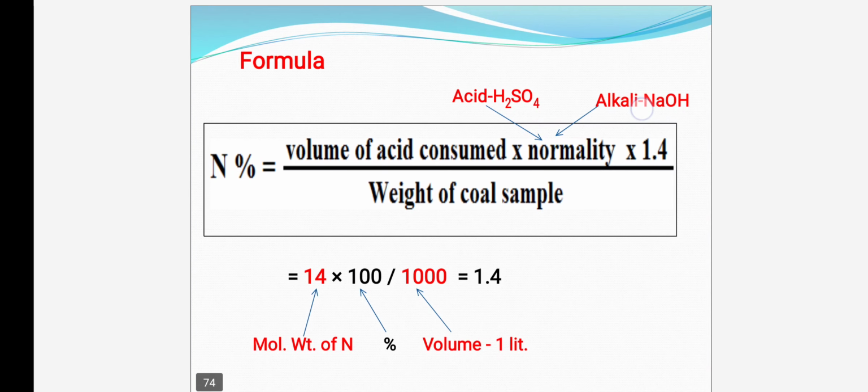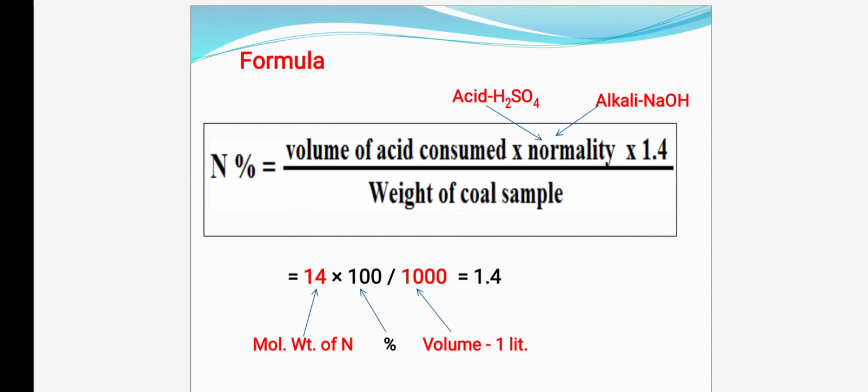Now the formula: percent nitrogen is equal to the volume of acid consumed, that is V2 minus V1, multiplied by the normality of acid and base, which are the same, so you can take the normality of either acid or base, multiplied by 1.4. How did 1.4 come? You can see below in the formula. 14 is the molecular weight of nitrogen.